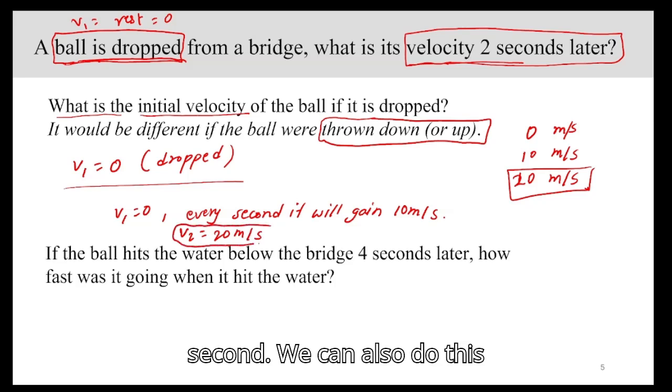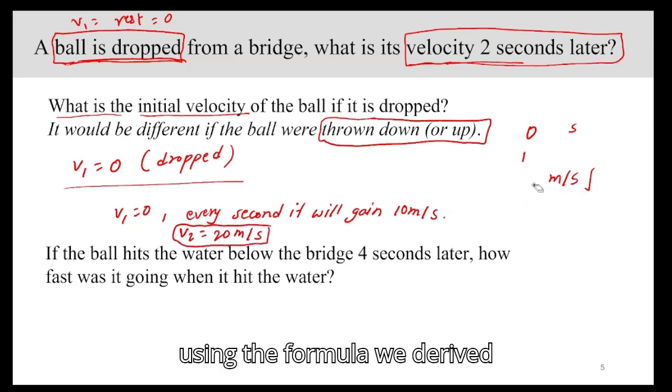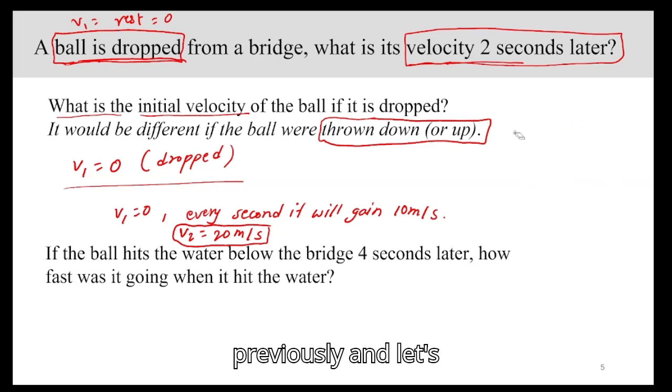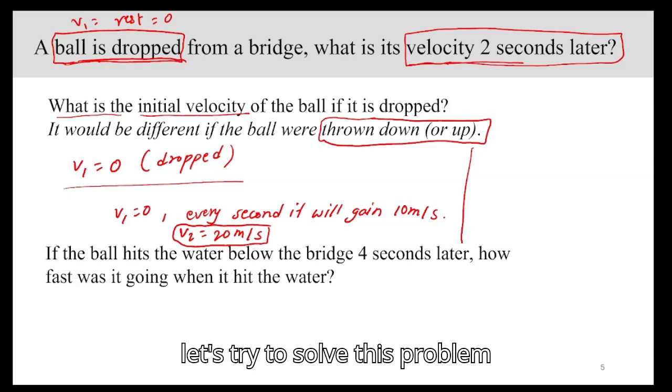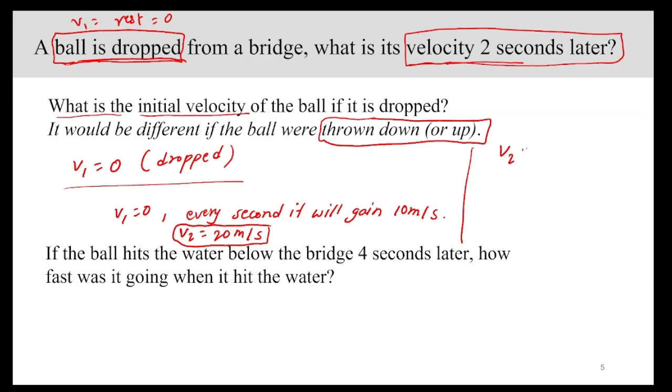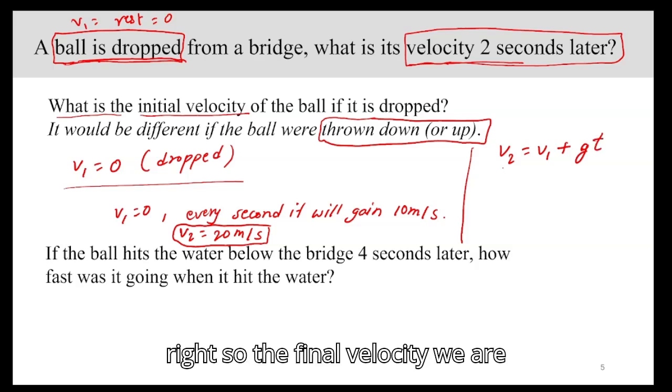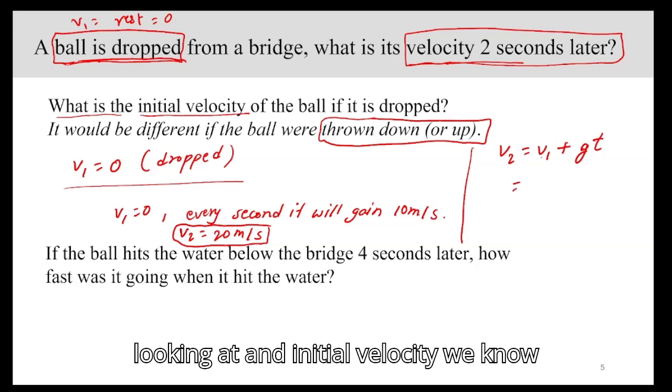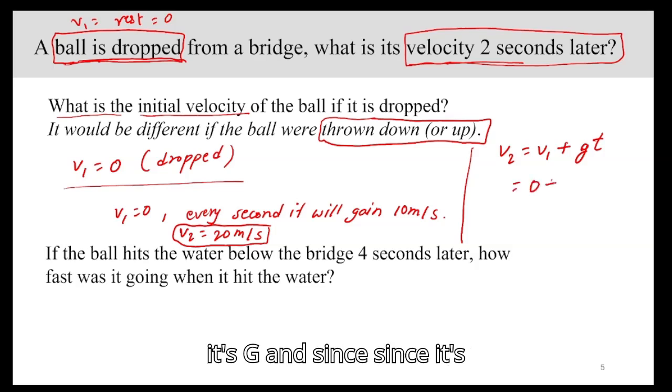We can also do this using the formula we derived previously. Let's try to solve this problem with the formula we derived before, where v2 is equal to v1 plus gt, right? So the final velocity is what we are looking for, and the initial velocity we know is 0.